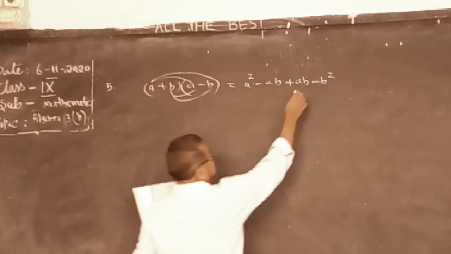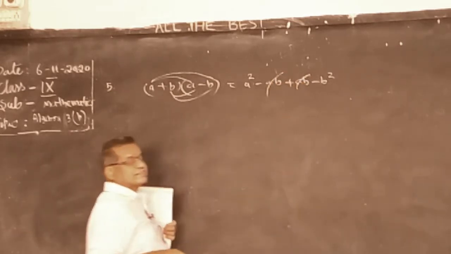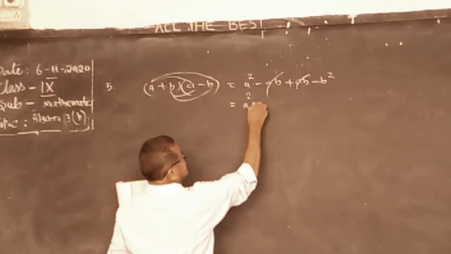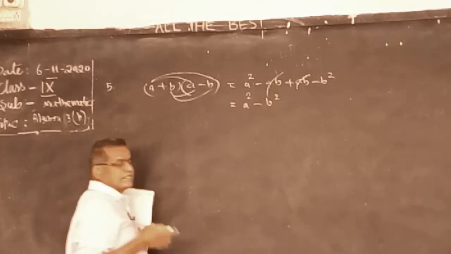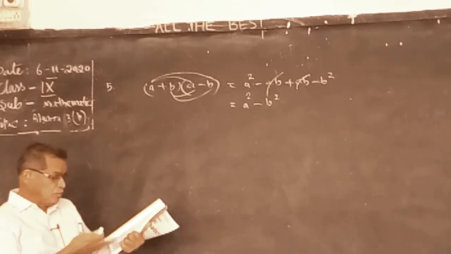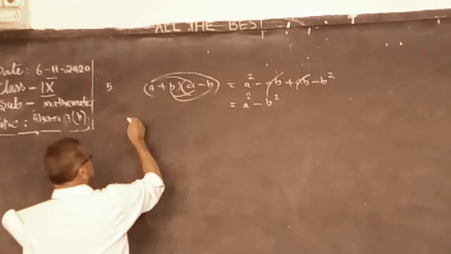Here two terms are the same with different signs, so they cancel. What is left here? a squared minus b squared. We say this is a formula. By applying this formula, we can solve these two problems.